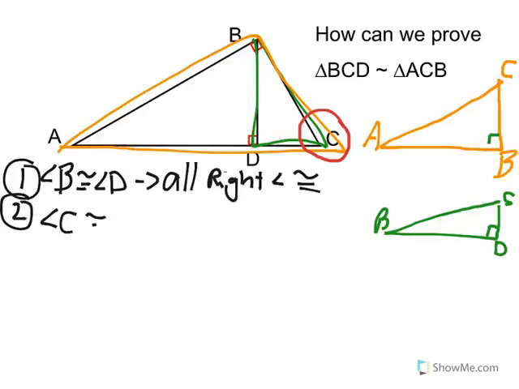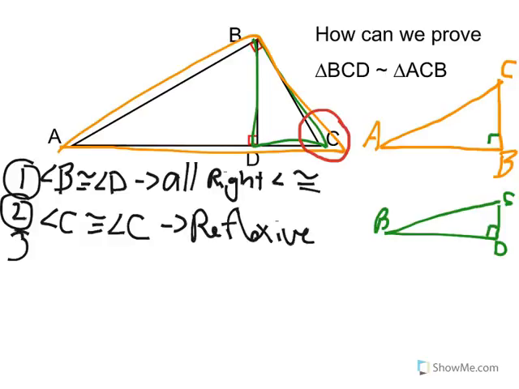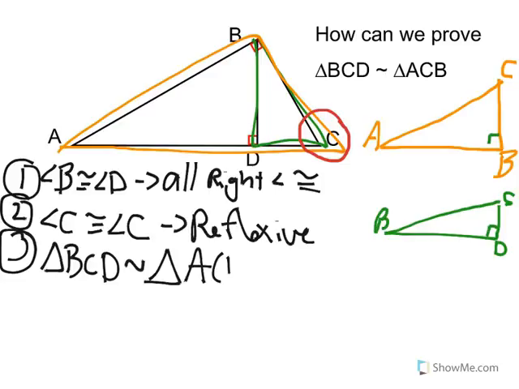Angle C is congruent to angle C by the reflexive property, which then is enough to say that triangle BCD is similar to triangle ACB by angle similarity.